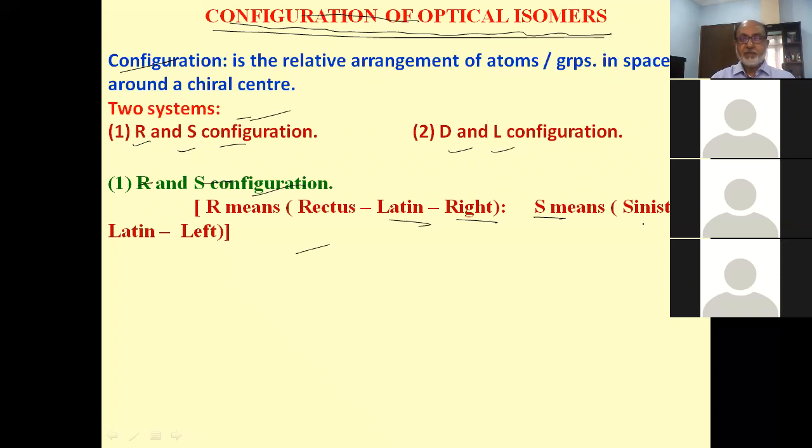And S stands for sinister. S has come from the word sinister, which means something bad, as in a sinister design, a sinister plan. That is not a very positive term, and it means left.